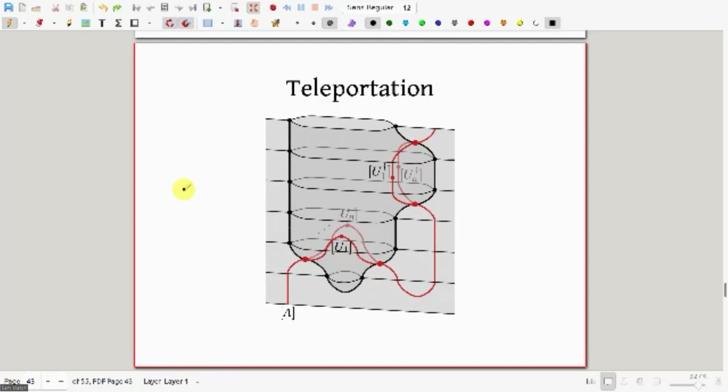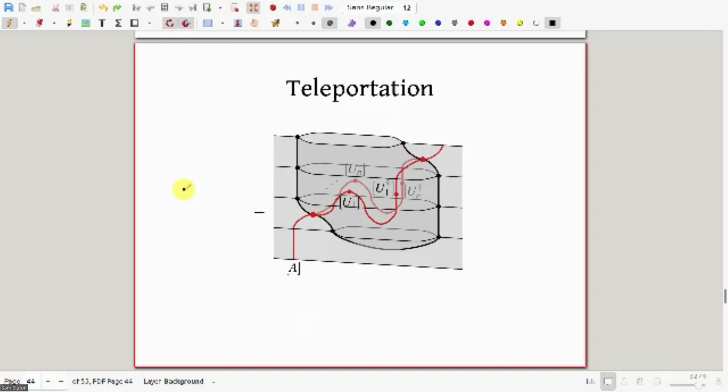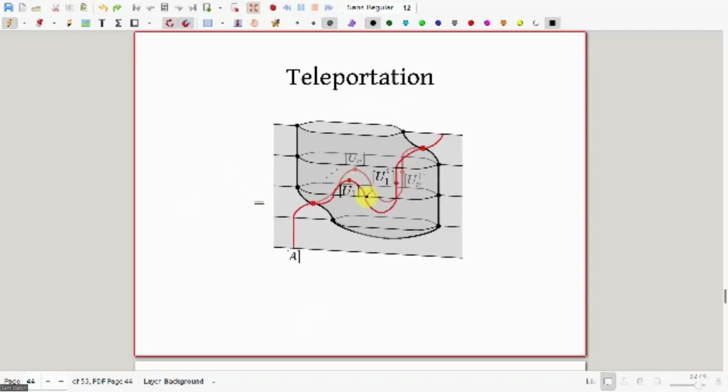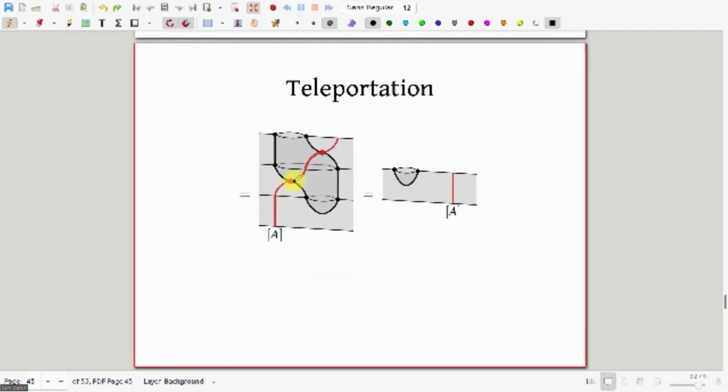And then the U's are going to undo each other. And then I can reverse the pulling operation, and then I'll just end up with some classical bit. So that's how it goes. I pull the red strings onto the multiverse, and then the U's cancel each other out, and then I can pull the multiverse back out over here, and I'm done.